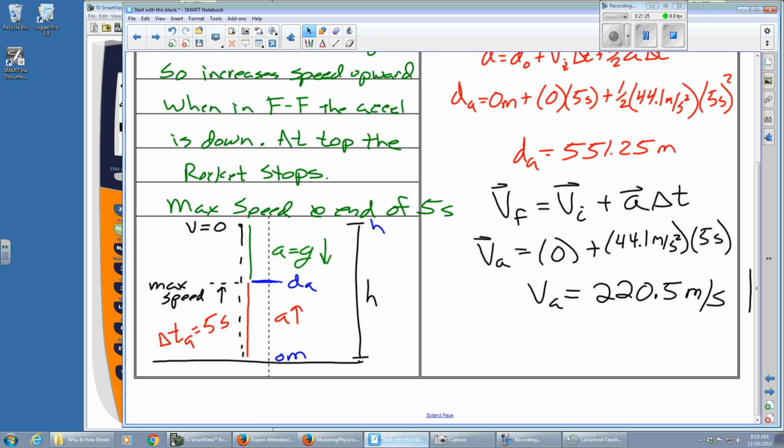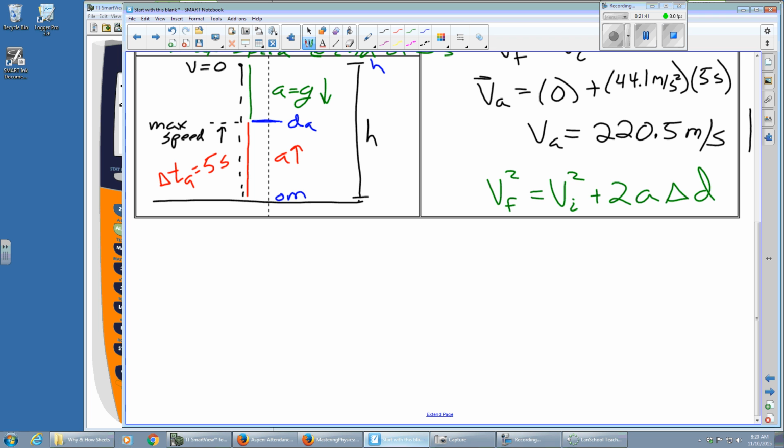Oh, I have another equation that I haven't used yet. On my equation sheet, I have v final squared equals v initial squared plus 2a delta d. I could also have gone the way of finding the time and then figuring out the distance, but I'm going to go this way instead.